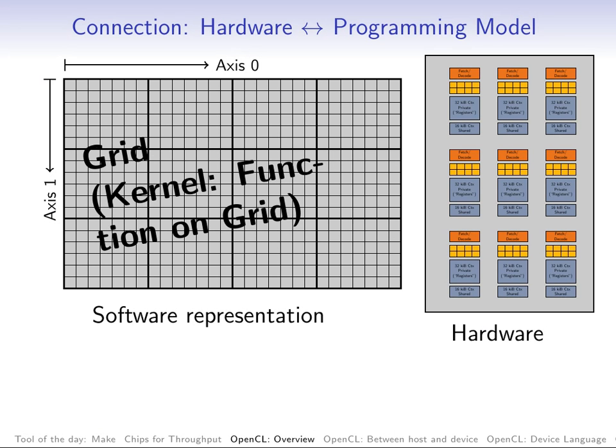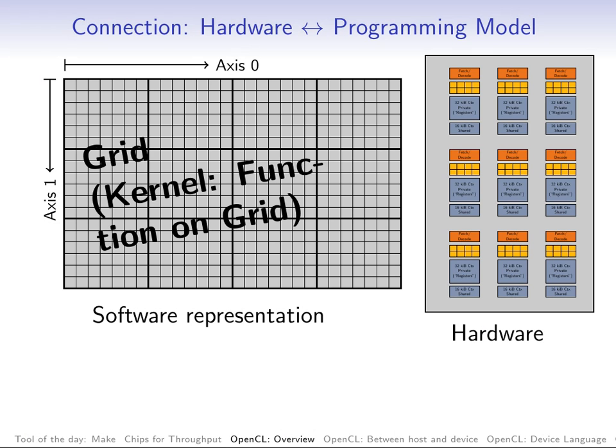But the two-dimensional nature of this grid is completely artificial. This is core number 0, core number 1, core number 2, core number 3, core number 4, core number 5. There's no two-dimensionality here. It's just a convenience that the device offers you.